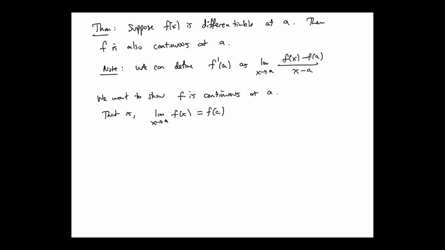So the function's got to be defined at the point for us to do anything. So f of a existing means there's a dot. The limit existing means there's a hole but not an asymptote. And the two things being equal means the dot is in the hole, meaning you didn't have to pick up your pencil. Okay, yeah? So that's what I want to show.